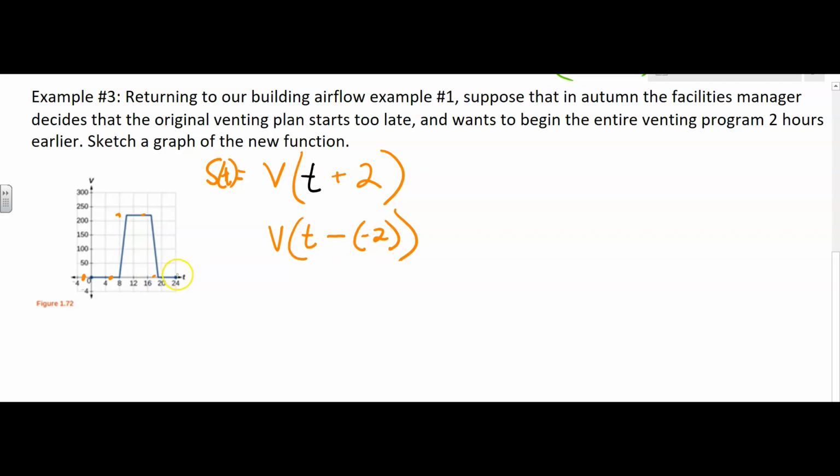And then finally at 24 hours, that's going to be 2 hours sooner, like at 22. So remember, the shape is staying the same, and it's shifting 2 units earlier, 2 hours earlier. Okay? All right.